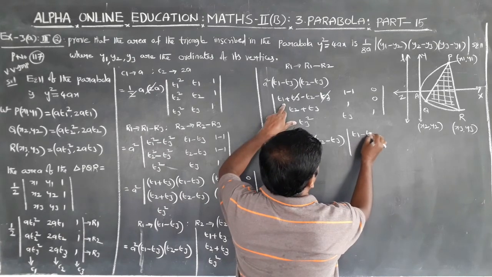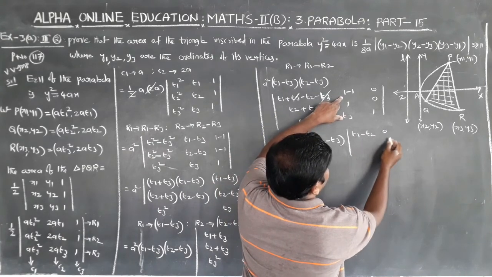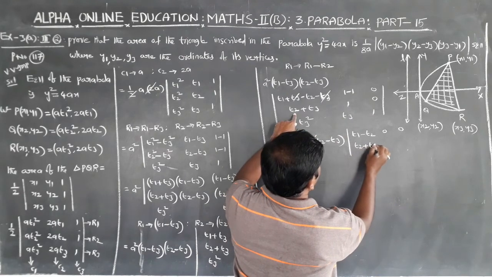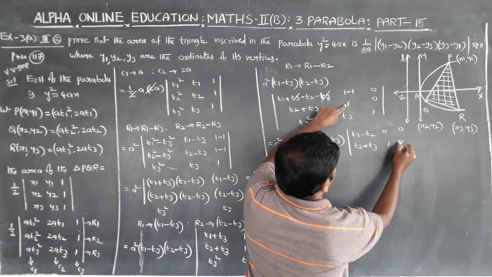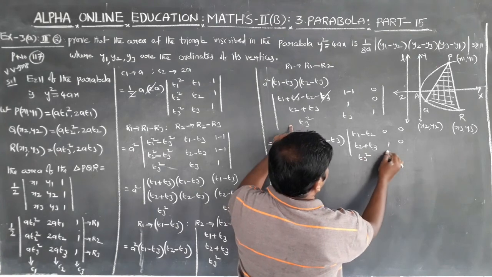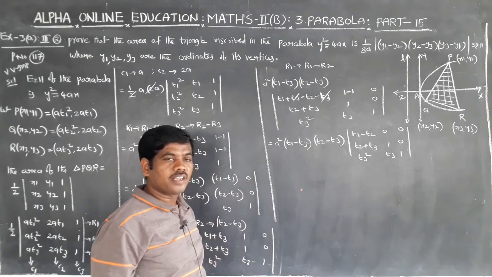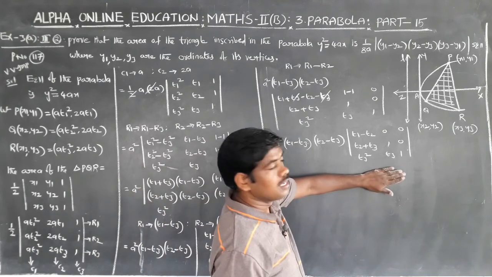T1 minus T2, 1 minus 1, 0, 0. T2 plus T3, 1, 0. T3 square, T3, 1. Expanding the determinant.